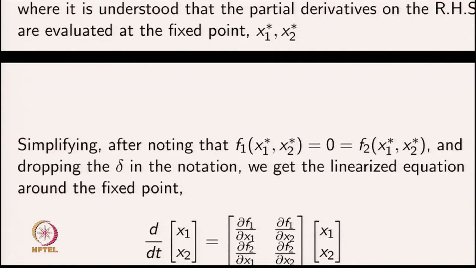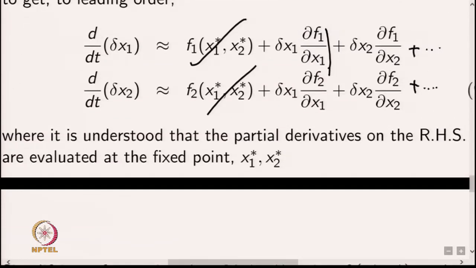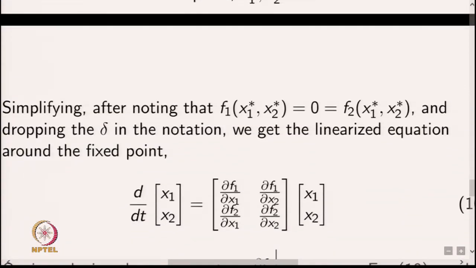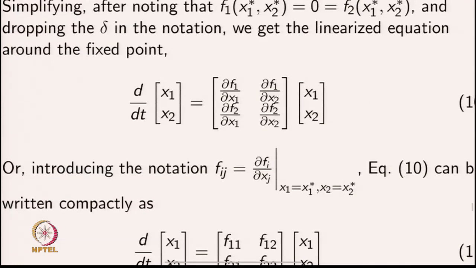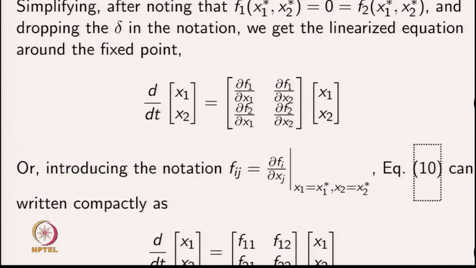Now, simplifying notation, noticing that both these terms are going to be 0 and the delta is of course superfluous in this notation, we get the linearized equation around this fixed point as d by dt of x1 x2 as this matrix of partial derivatives multiplying the vector x1 x2.